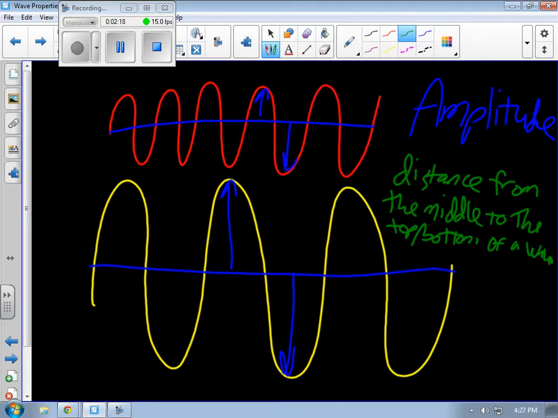And it's labeled with a capital A. So amplitude is a capital A.